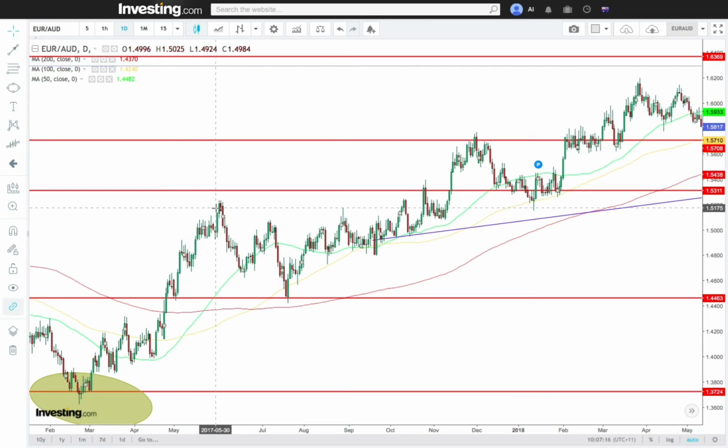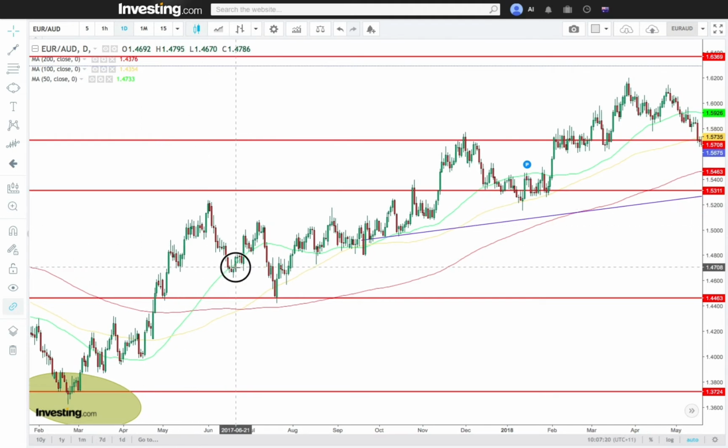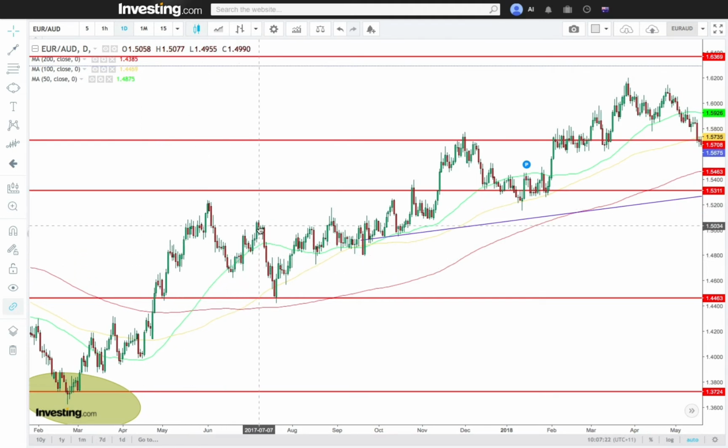Okay, this was a good retrace. It tried to shoot up again and went back down. This is a very typical market scenario, because whoever missed the boat, didn't buy here, tried to buy on the retrace. A lot of people bought here and it went up, but this price was not cheap enough for a lot of people, so they waited.